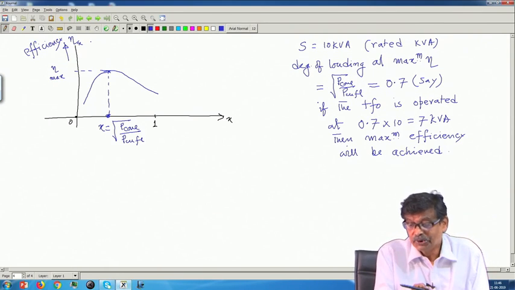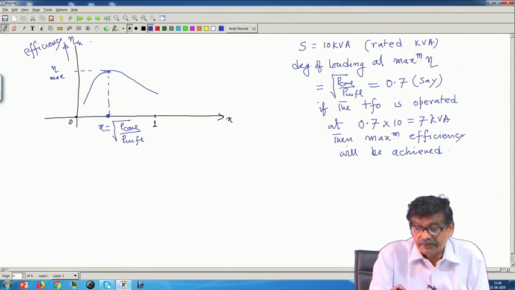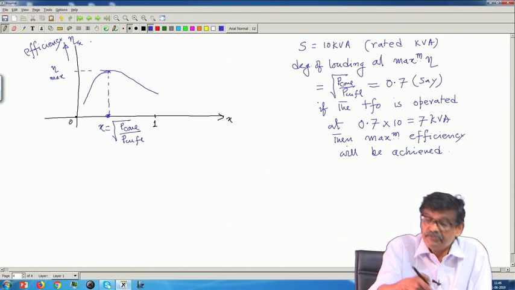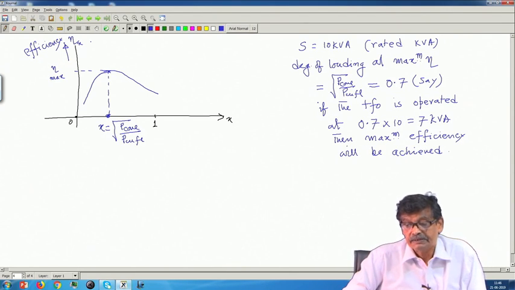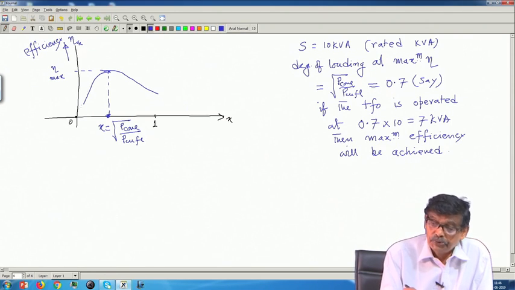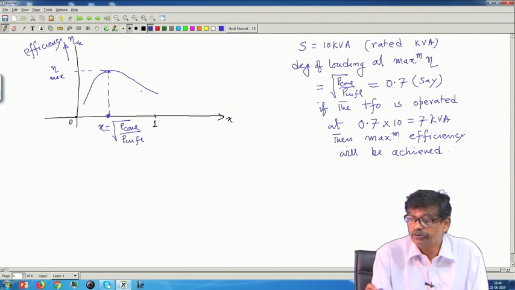Of course, I should not forget to attach another condition that I have imposed upon the efficiency expression. What is that? This curve is true for a fixed power factor angle, cos theta I assumed constant.